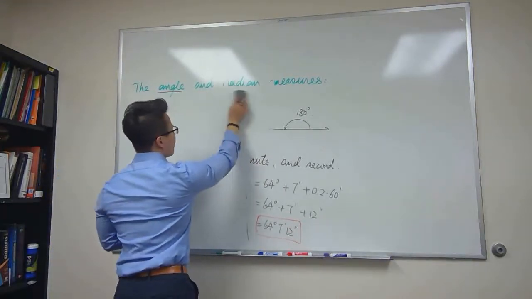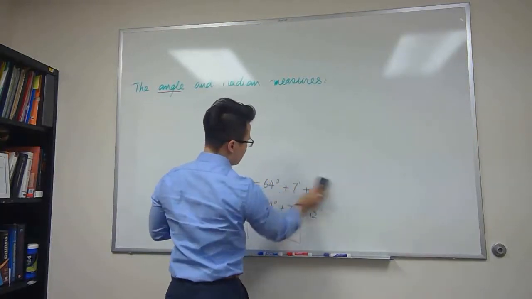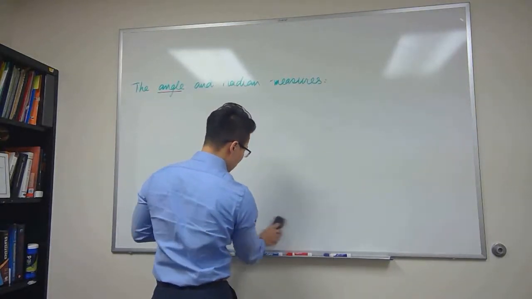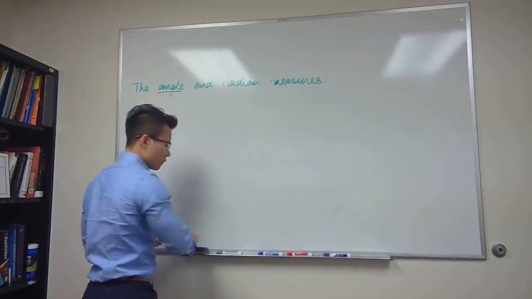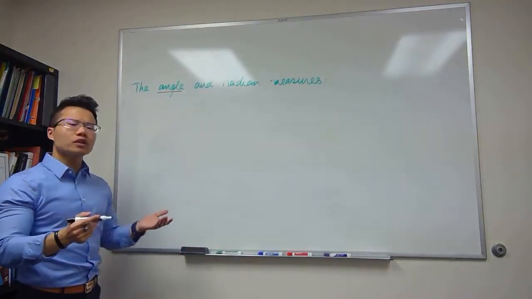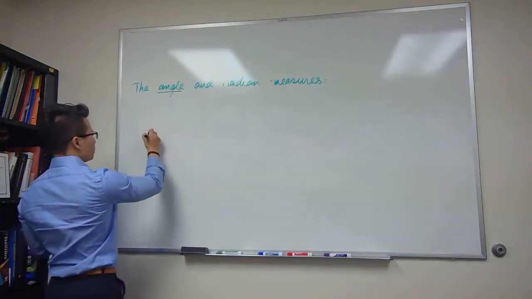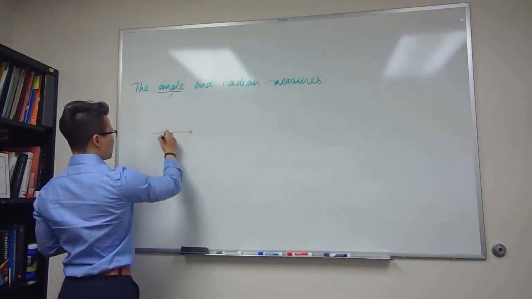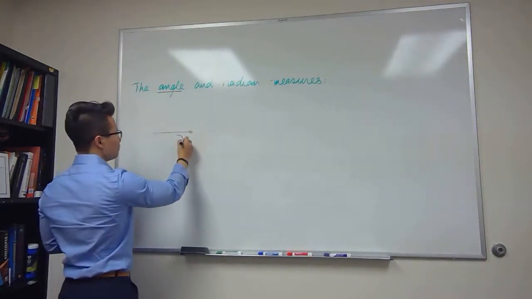let's talk about how to find relationships between two different angles. Okay, as we know from the structure of an angle, we're always starting with a nice initial side.